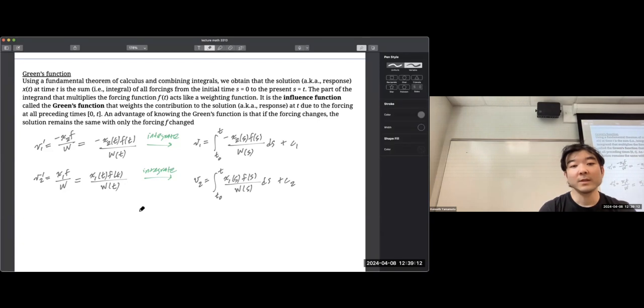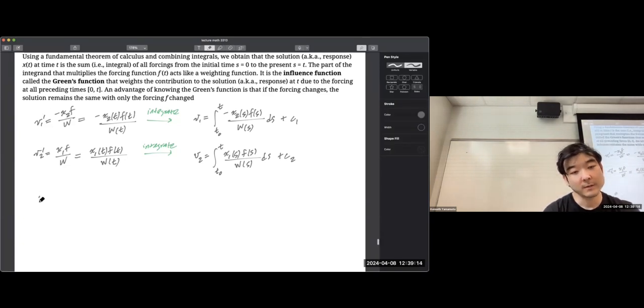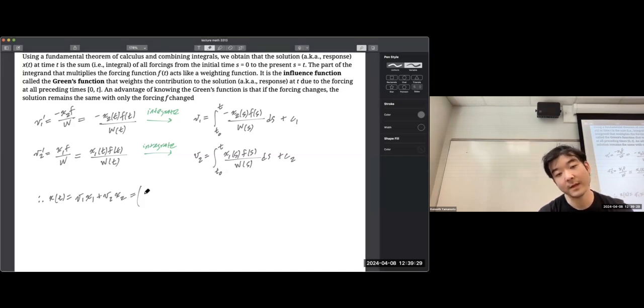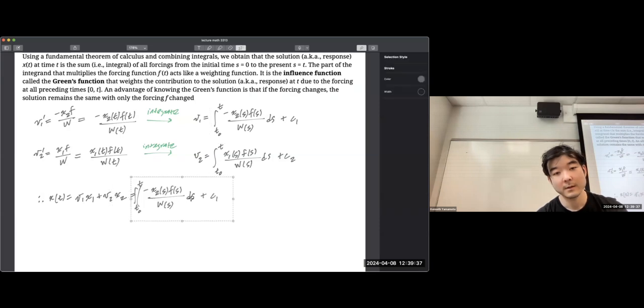Okay, and what did we say? The general solution x of t is built off of your v1 x1 plus your v2 x2. Okay, let's just plug those in directly. So we have the integral, all of this guy is v1, multiplied by x1.